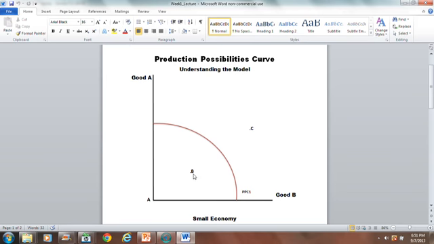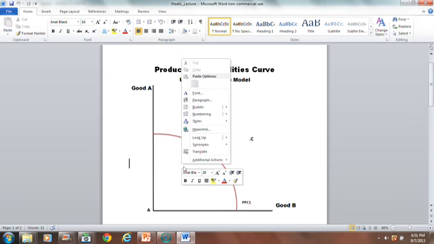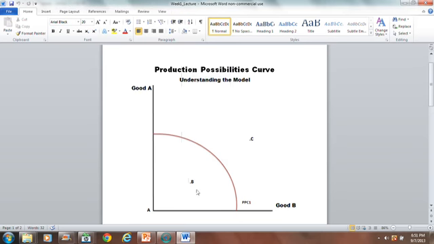For example, point B would represent a certain amount of good A and a specific amount of good B. There are many other possibilities, and what we want to find is which possibilities are the most efficient.